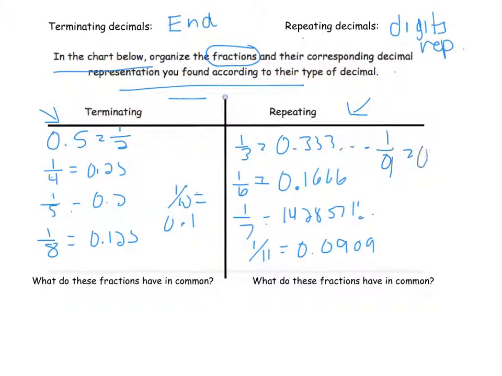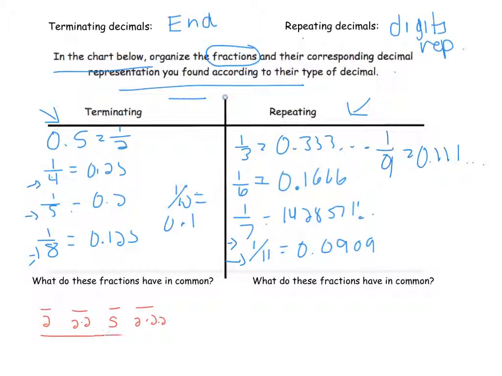which was 0.111. So they're either multiples of 3 or prime, where these did not have a 3 or a prime number other than 5. But if we look even more carefully, I had a 2 as my denominator, a 2 times 2 as a denominator, a 5, a 2 times 2 times 2.